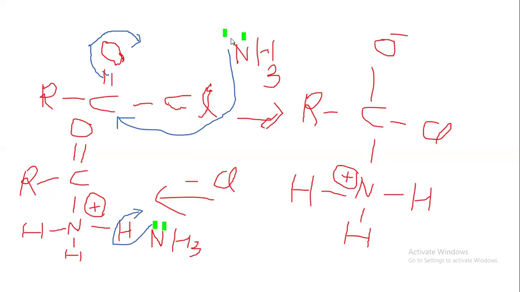So the lone pair of electrons attacks this carbon, and the carbon and oxygen have a double bond, and this electron moves toward the oxygen. And removing this chloride produces this product.